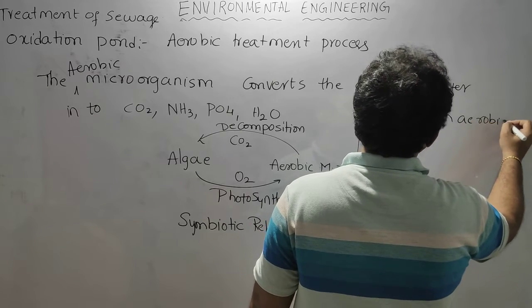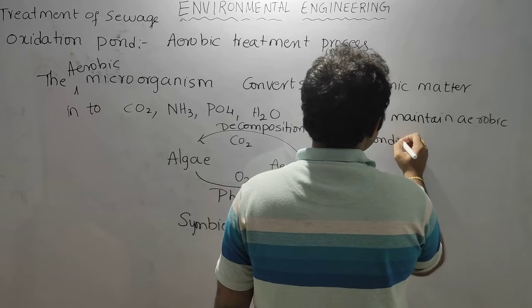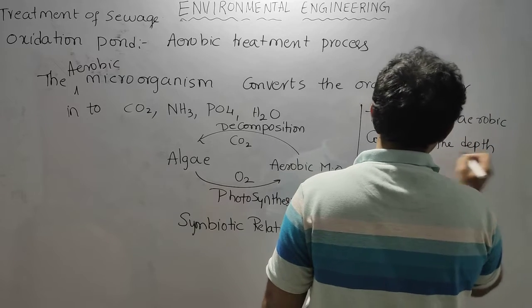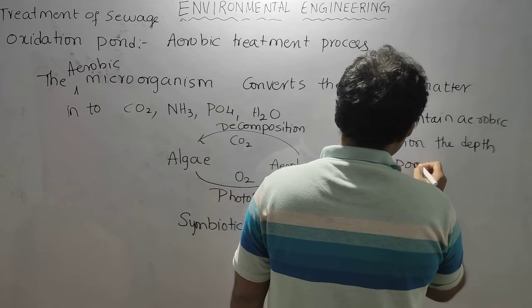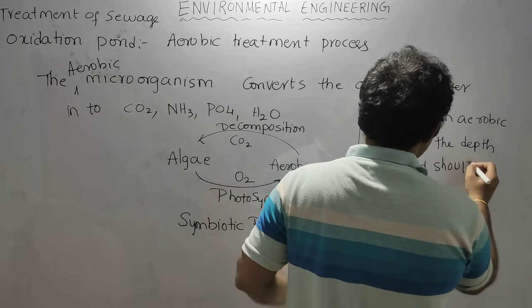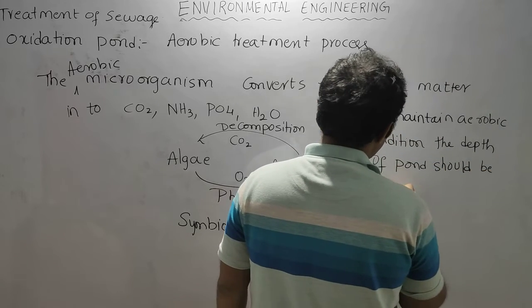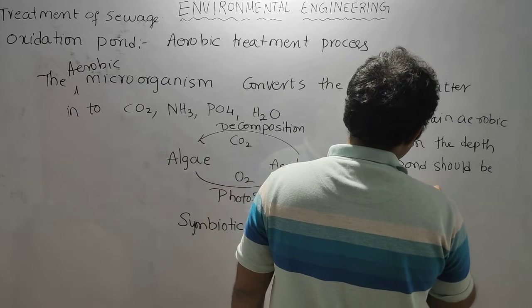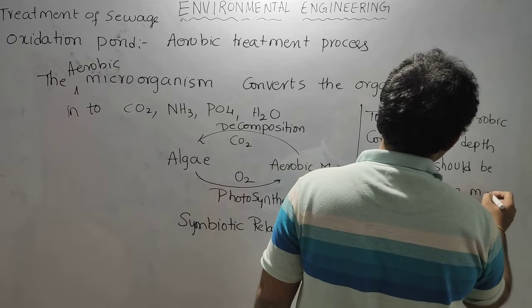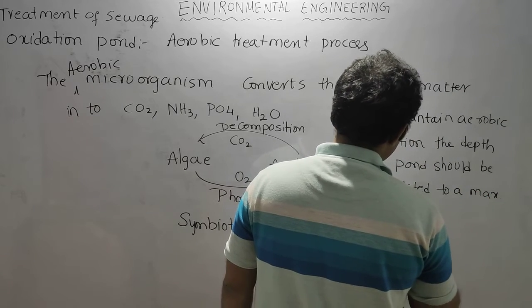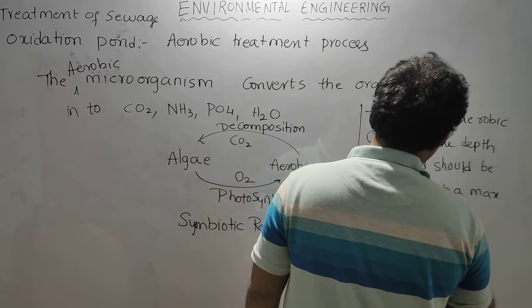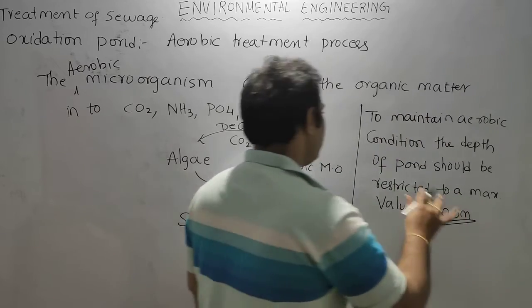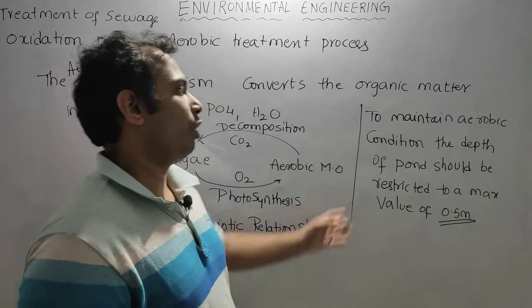So the depth of the pond should be restricted to a maximum value of 0.5 meter. So here the depth is restricted already to ensure aerobic nature.